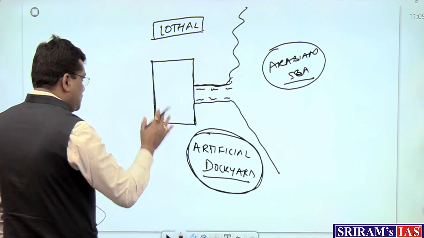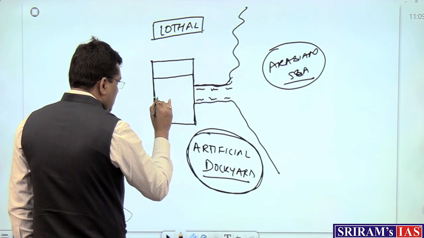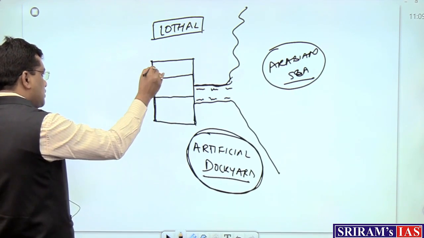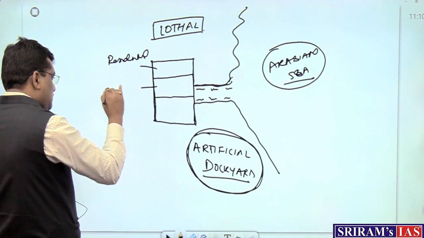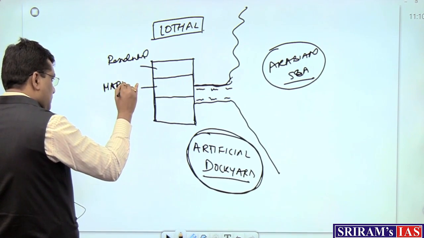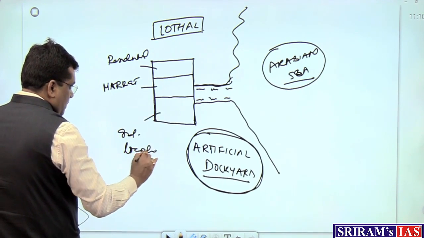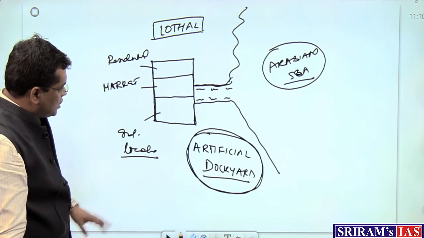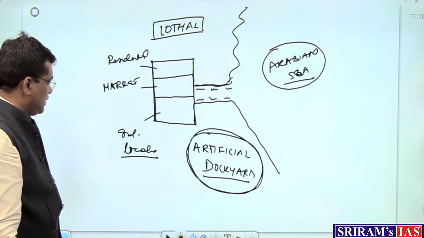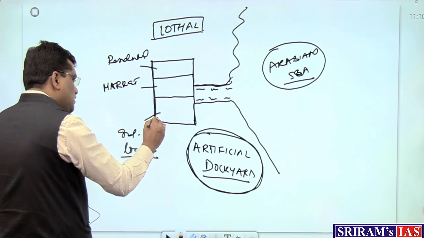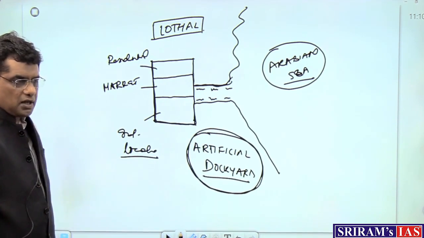So, in Lothal we do not have a separate citadel; there is a residential place, a market, and industrial locations. This is how the city was planned. So we have an artificial dockyard.